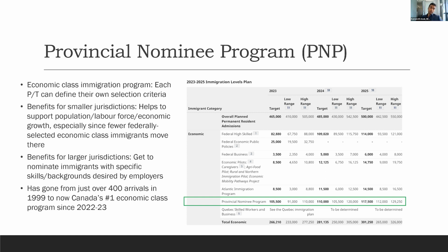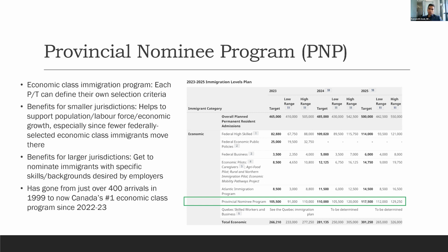It started as a very small and niche program with just 400 new immigrants coming to Canada in its first full year of operations in 1999. We can now see that the target is well over 100,000 new immigrants that will be arriving through the PNP each year moving forward.